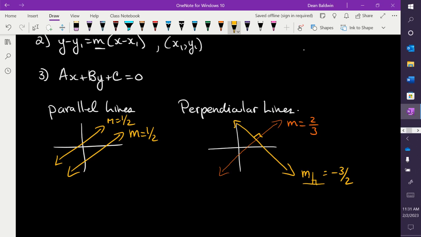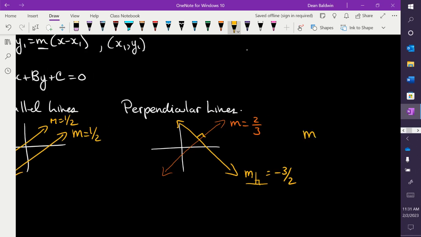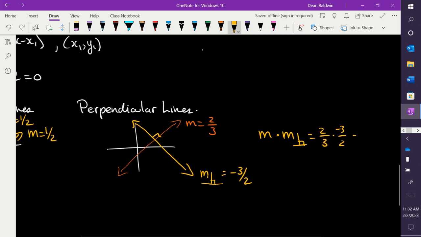Right? If you go m times m perpendicular, that's 2/3 times -3/2. Everything cancels, and you get -1. If you can multiply two slopes together and it equals -1, the lines are perpendicular. Okay?